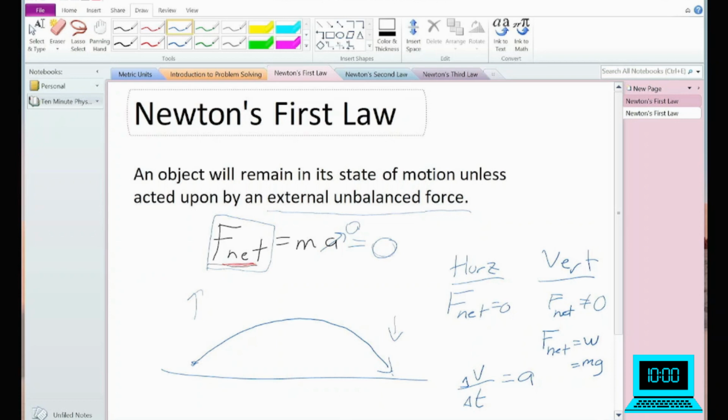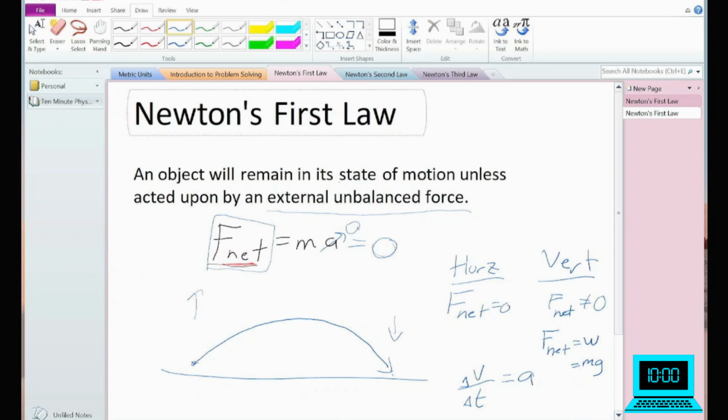And so that equation that you probably have been told to associate with Newton's second law, F net equals ma, actually is very vital to understanding Newton's first law. So if an object is at rest, it will stay at rest because acceleration will be 0. If an object is moving along at a certain velocity, magnitude and direction, it will maintain that magnitude and direction.